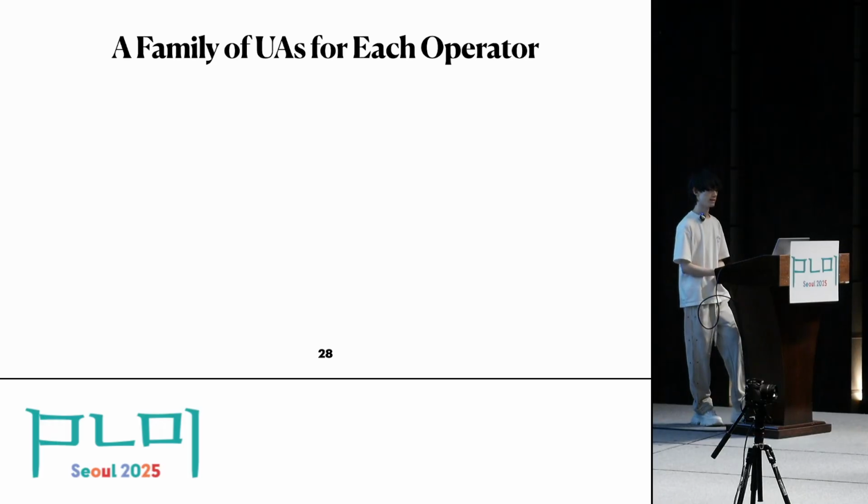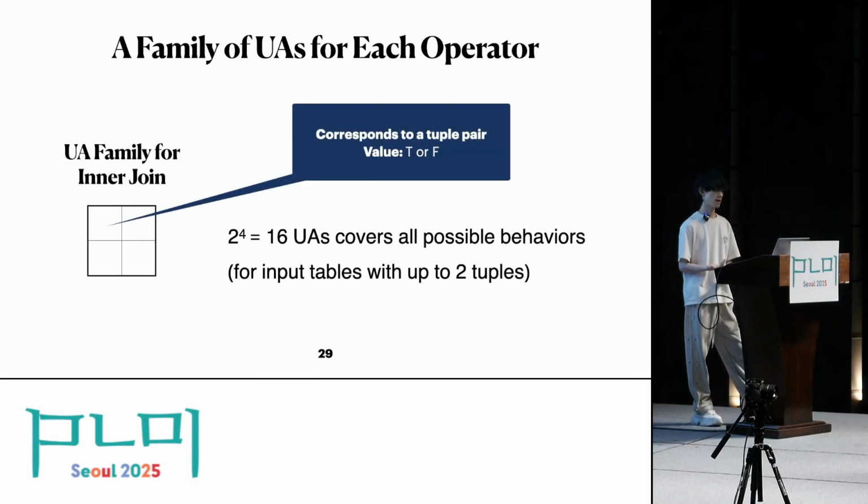I will then explain how to define a family of under-approximations. To build the family for queries, we need to first define a family of under-approximations for each operator. Let's use the inner join as an example. Recall that in the matrix for inner join, each element corresponds to a pair of tuples and can take either true or false. So every under-approximation in this family needs to assign a value to each of these matrix elements. For example, if both input tables have 2 tuples, then the output table may contain up to 4 joint tuples.